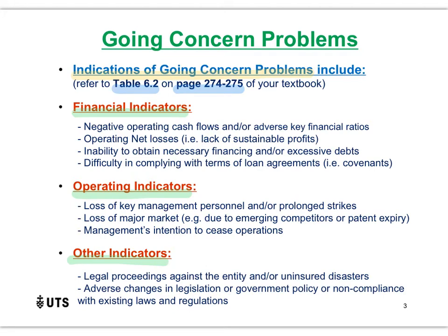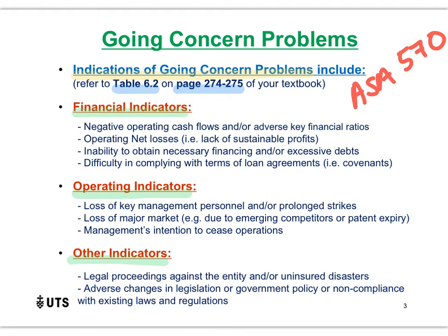In addition to that, and I strongly recommend everyone to go and check this out, again, ASA 570 is the auditing standard that covers going concern. So if you refer to that standard, you'll find a much longer list of examples of each of these categories and each of the indicators that fall under each of them. So please make sure that you do that. It will help you quite a lot with your understanding of this topic.